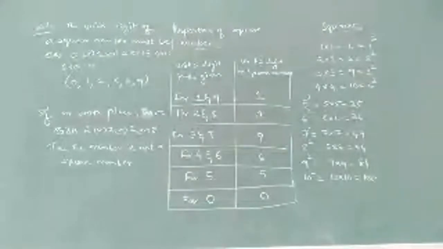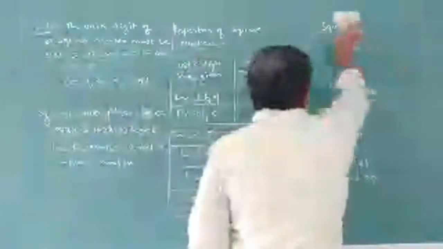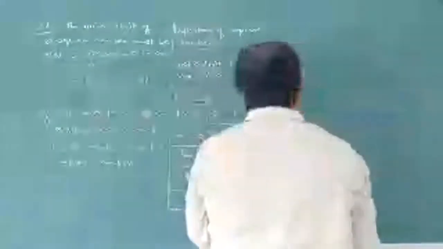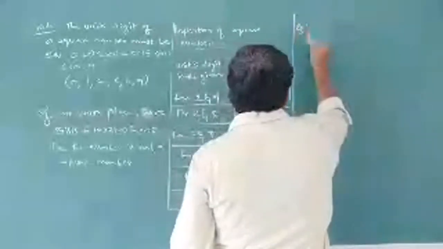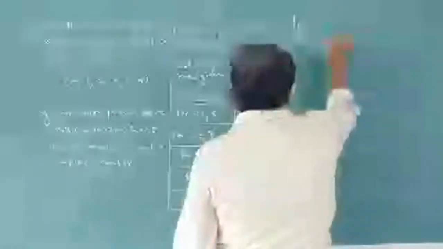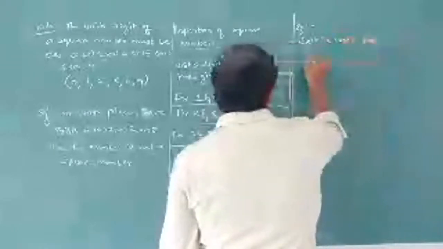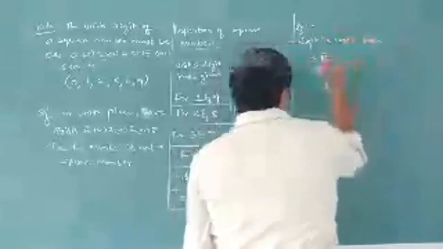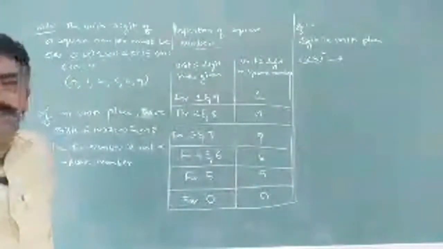Okay, so let us guess some things here. Digit in units place we need here. 163 square we are writing.